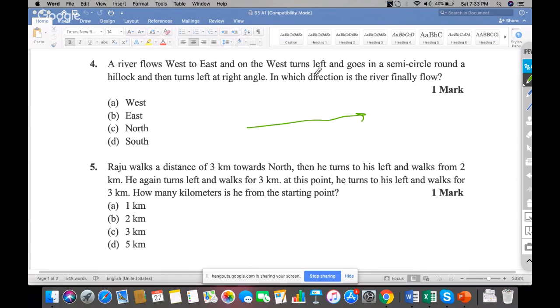And on the west turns left and goes into a semicircle round a hillock. This is the semicircle around a hillock. So semicircle would be somewhere here, and then turns left at a right angle.